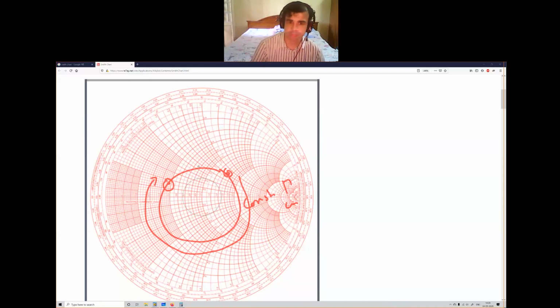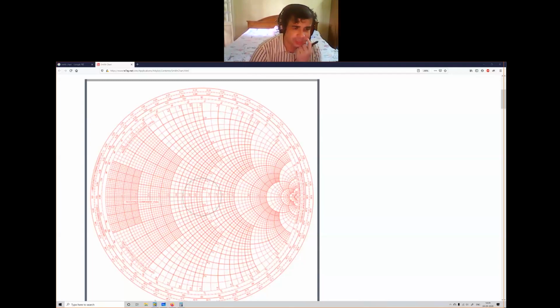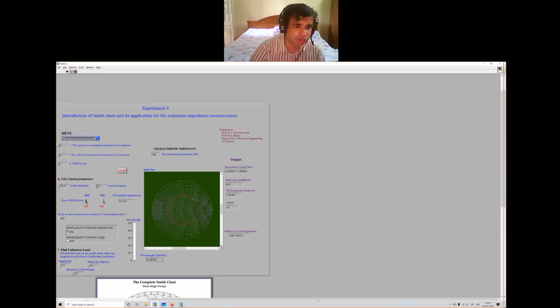Is it okay? The problem with this is that irrespective of towards generator or towards load, it is moving in the anti-clockwise direction, which I do not think is correct. There is something wrong here.